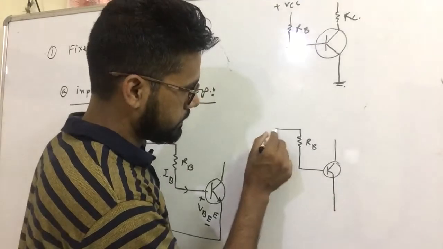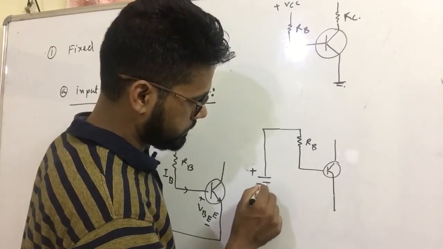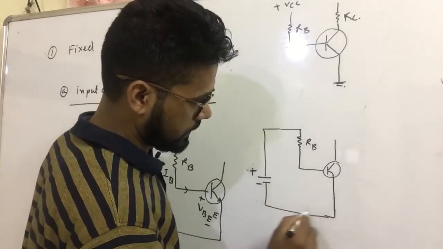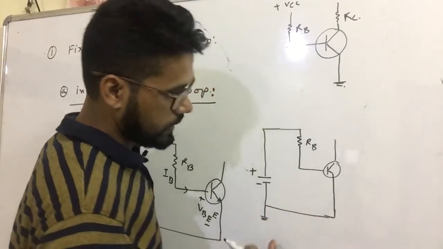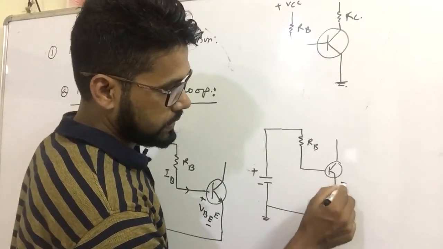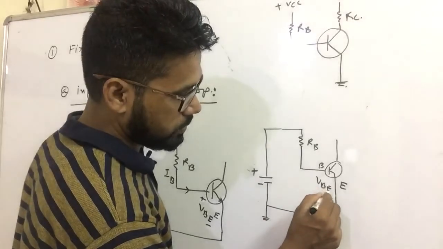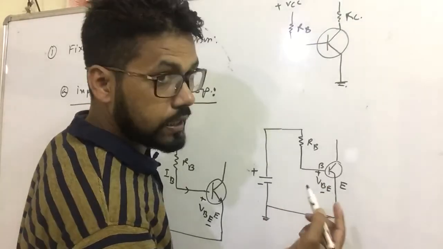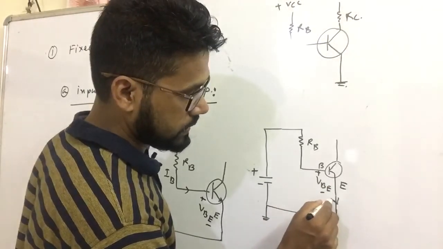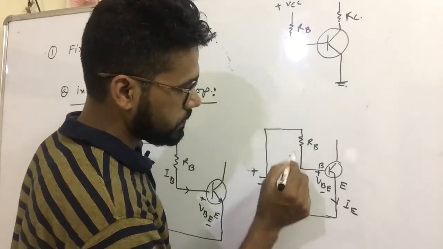This is emitter, this is plus, this is minus, this is ground. And this is base and emitter, and base emitter voltage VBE will be there at the junction. I have already discussed this. This is emitter current, this is IB. Clear?